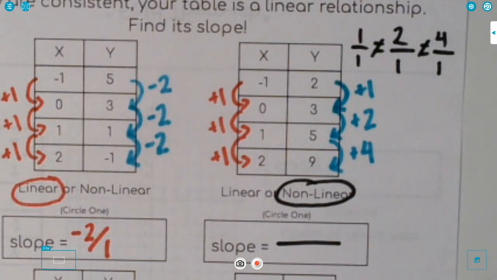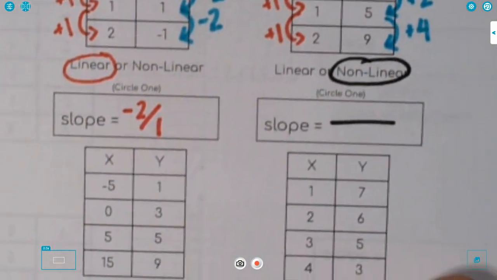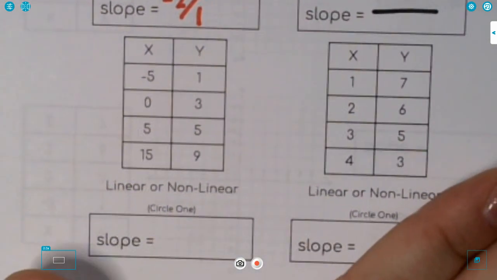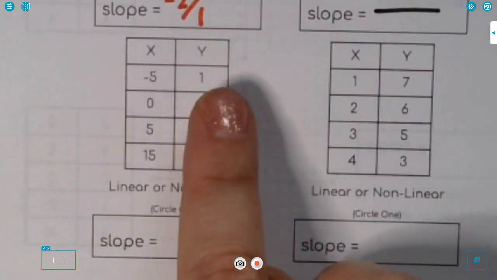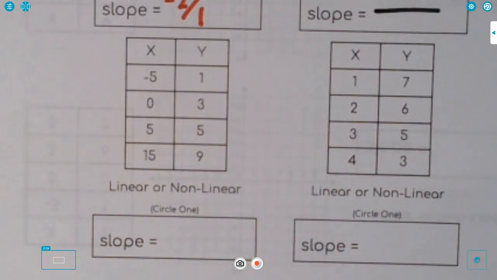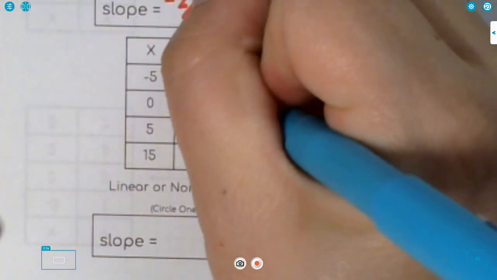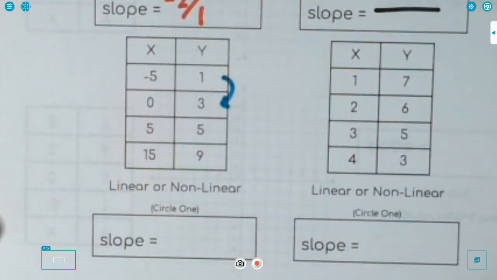Okay. We've got a couple more tables, and then we have some tables with graphs on the back. So the next table, we've got 1, 3, 5, 9. So we're going to look at these, see what the change in our y values are. So to get from 1 to 3, I add 2.